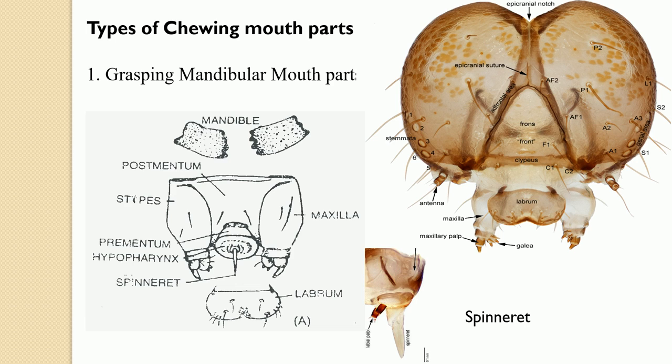These mandibles are provided with a large mandibular gland, and they are provided with small abductor muscles and large adductor muscles. So obviously adductor and abductor muscles are responsible for interlocking the mandibles for cutting the food material into smaller pieces.